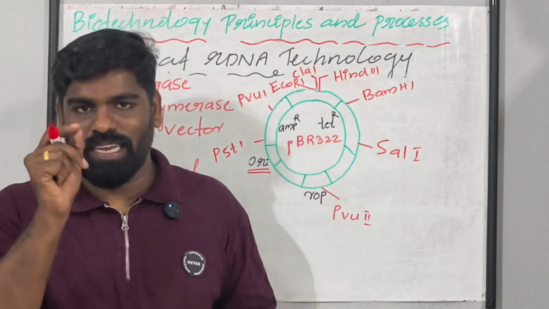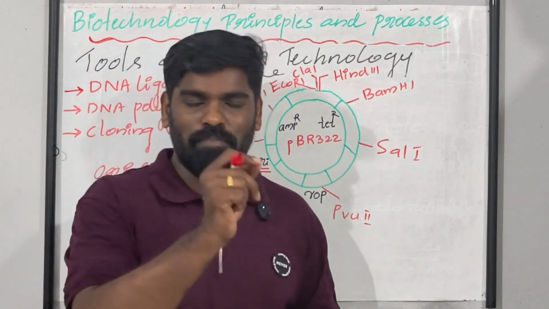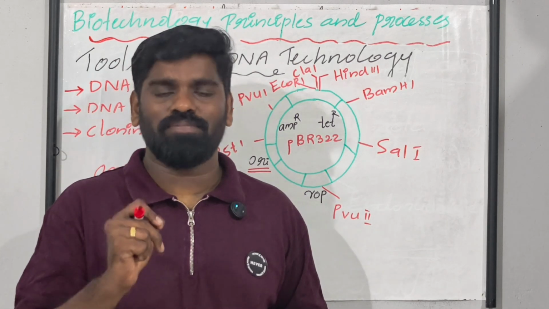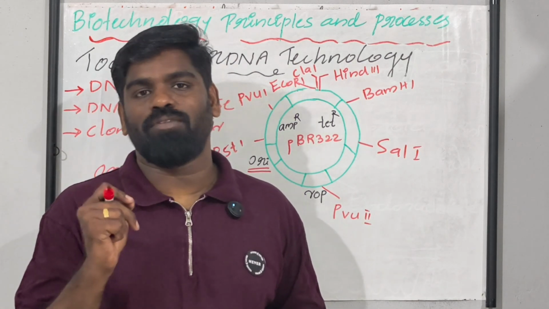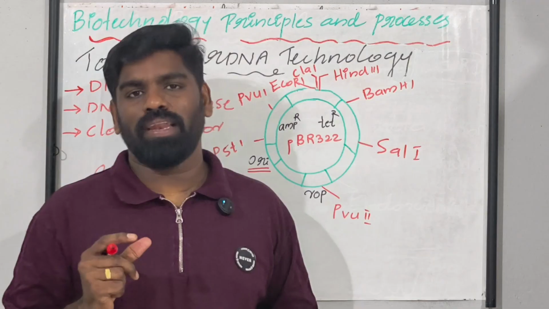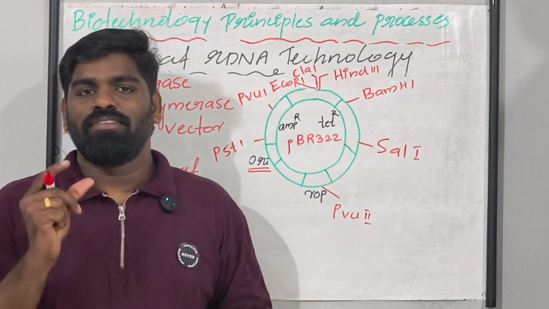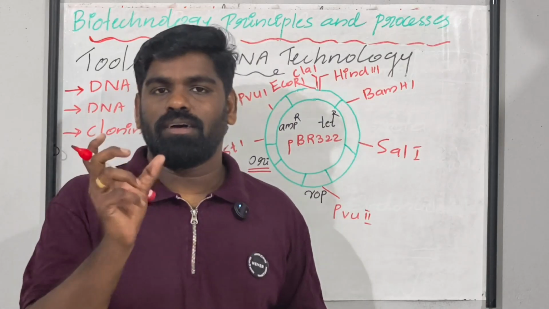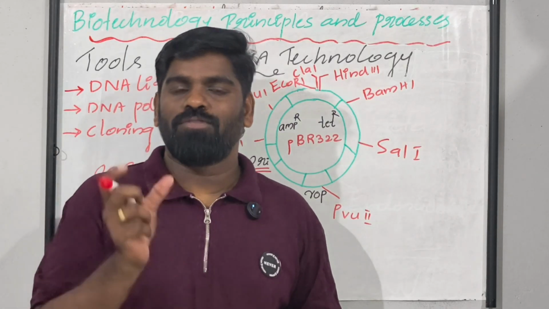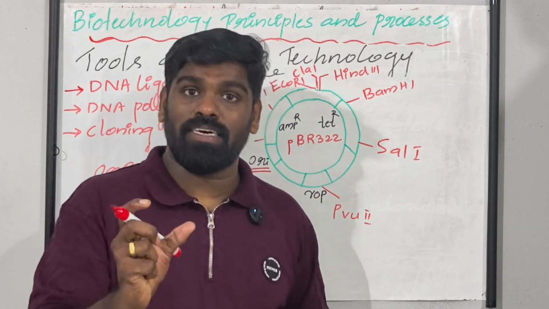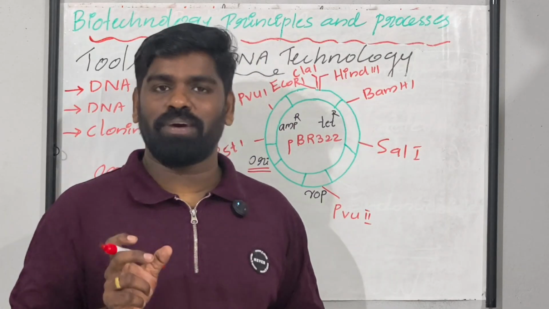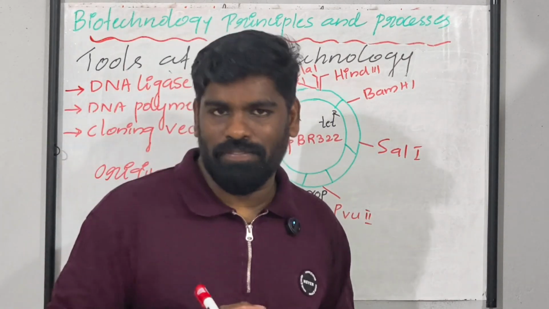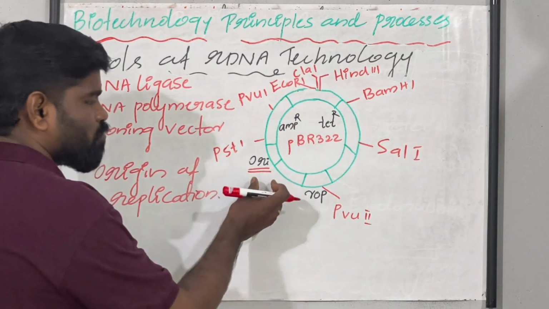It is the region where replication initiates, as well as the region that will control or regulate the copy number. For example, if you want more copies of the small DNA fragment, we should select a vector with a high copy number, so we will get more copies of the desired DNA fragment. That's all about the ORI.